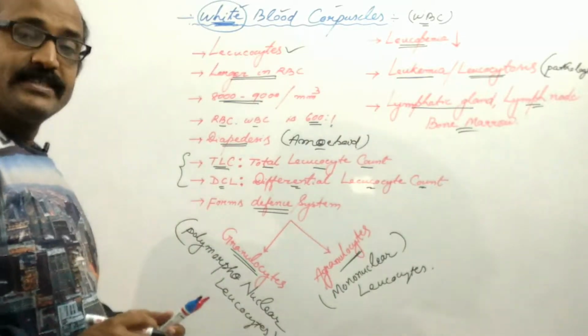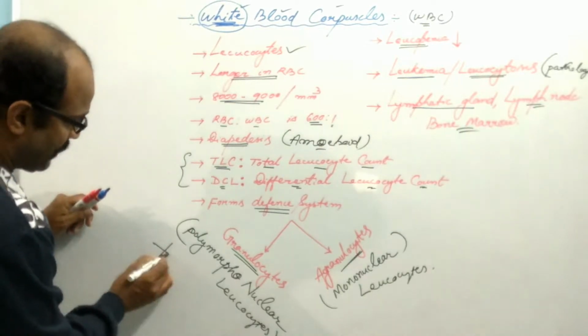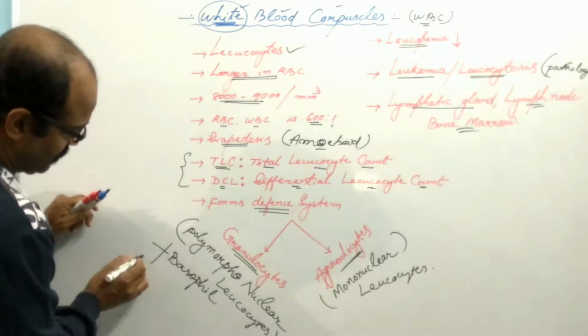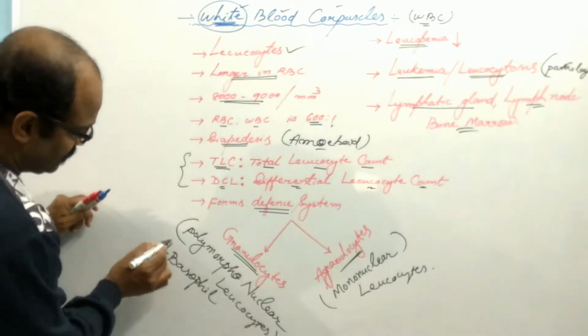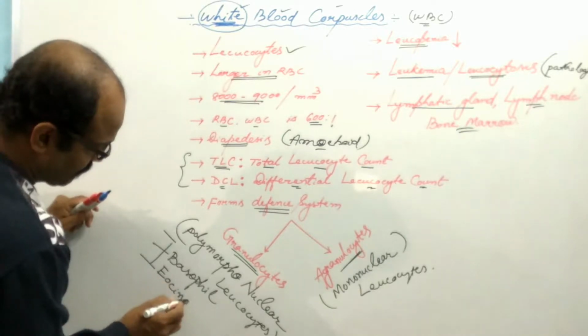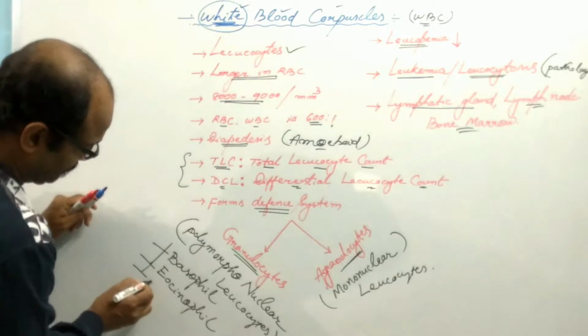The granulocytes are mainly of three types: the basophil, the eosinophil, and the neutrophil.